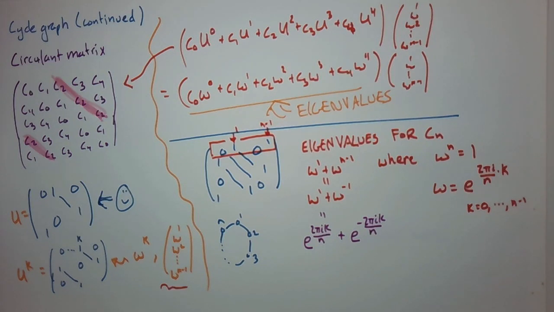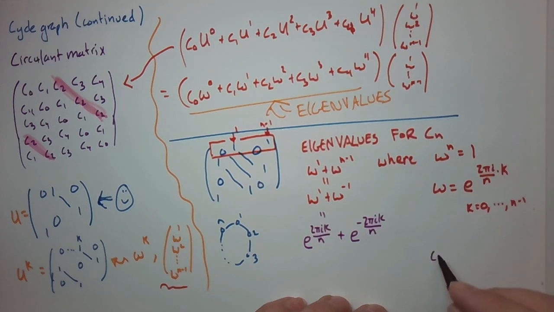Are these hyperbolic functions? It has the flavor of hyperbolic functions if the i's weren't there. Is that 2 cosine or 2 hyperbolic? Yeah, it's the cosine function. Cosine theta is e to the i theta plus e to the minus i theta over 2.